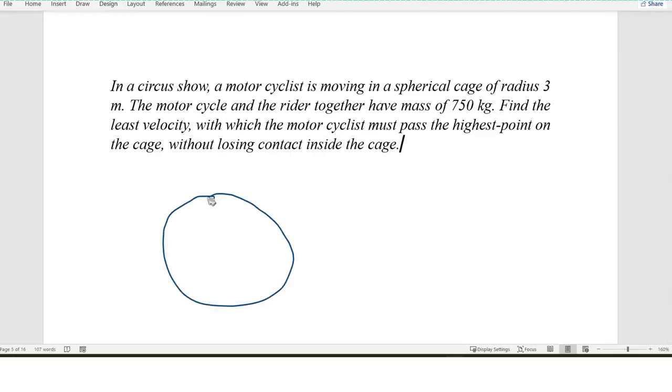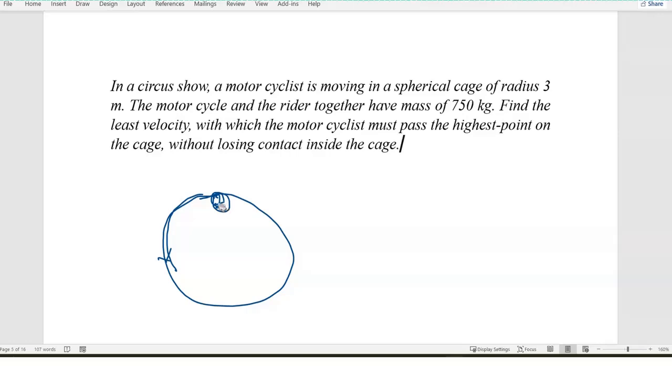here, this is the circus. So this person is in here with his motorcycle. So they are moving along here. So at this highest point, if the motorcycle and the cyclist are not to lose contact, then remember, at this point they are facing vertically, they are actually upside down.